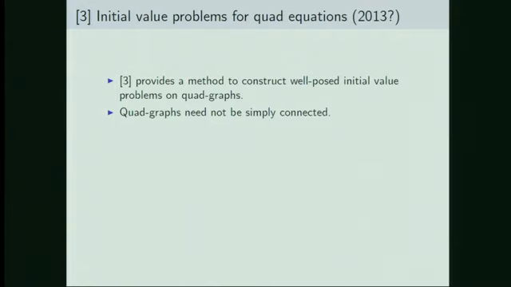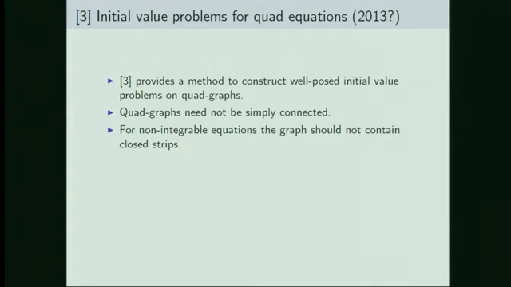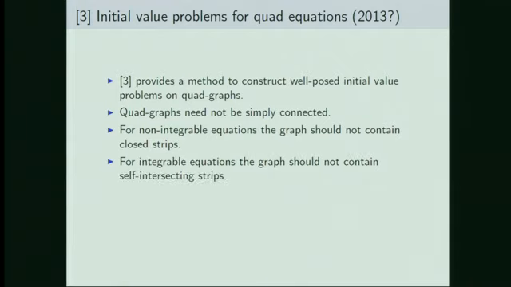Quad graphs need not be simply connected. I'll explain what I mean by that. For non-integrable equations, the graph should not contain closed strips. I'll tell you what the strips are and why you need this. For integrable equations, the graph should not contain self-intersecting strips, and not all quad graphs admit well-posed initial value problems.